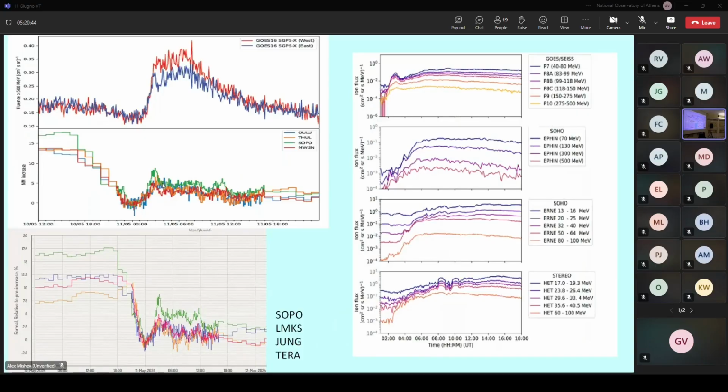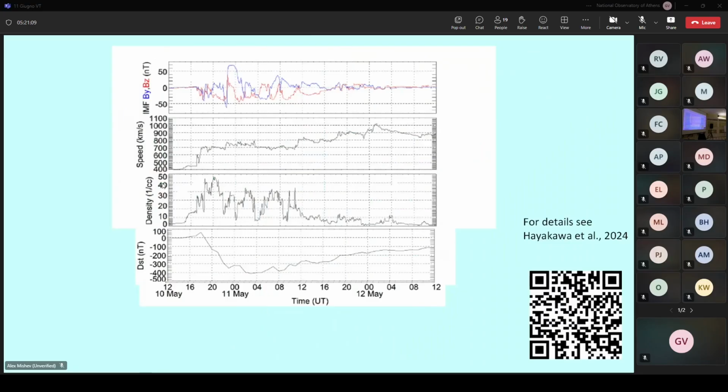This event was observed during the recovery phase of a very deep Forbush decrease and giant geomagnetic storm. So this was a very complicated interplay between the reduced geomagnetic cutoff of the stations, the SEP signal itself, and Forbush decrease recovery. Here, just to see some of the interplanetary conditions, the Dst was about minus 400.